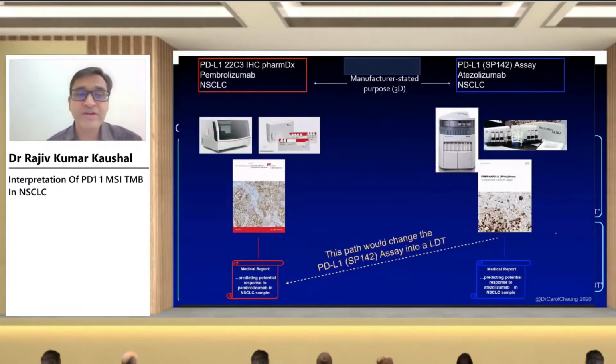Just to cite one example, there are two drugs, both FDA approved: 22C3 for Pembro, and SP142 for Atezo. If you use them for a specific drug, they are companion diagnostics. But if you use SP142 for Pembro, it becomes a lab test.